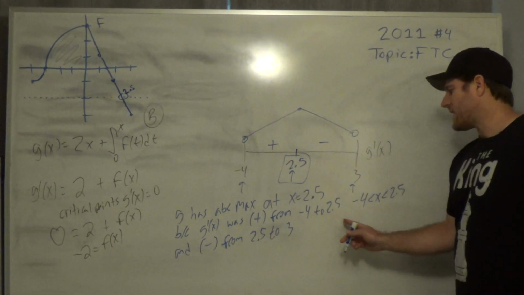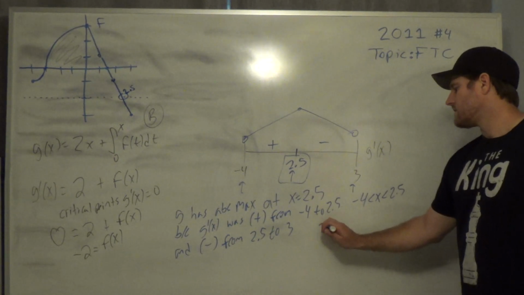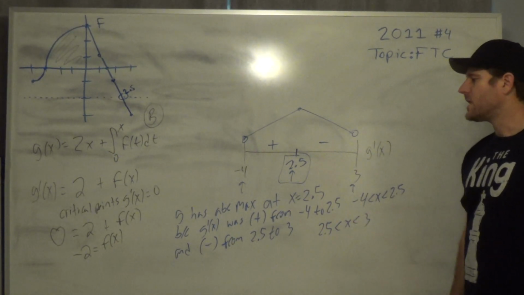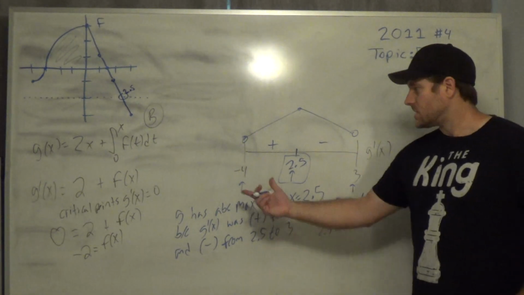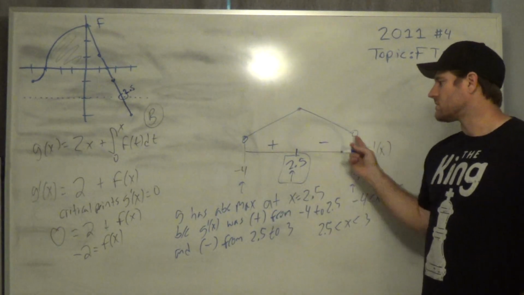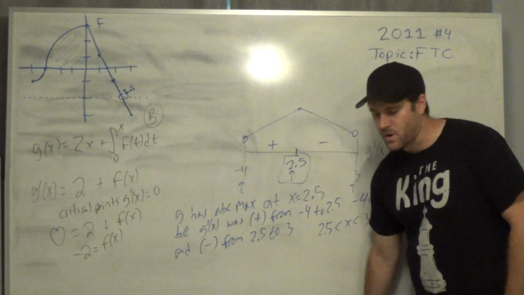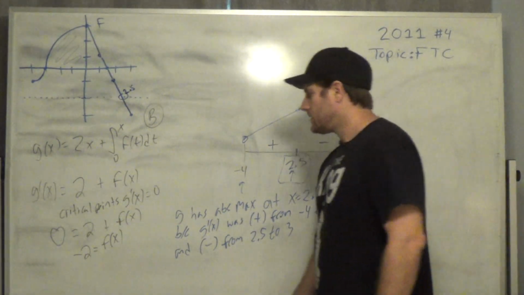Or again, if you want to be fancy, you could say when x is between 2.5 and 3. Anyways, they know what this means. This means it was increasing and then decreasing, therefore that relative maximum is actually the absolute max. And that's part B.